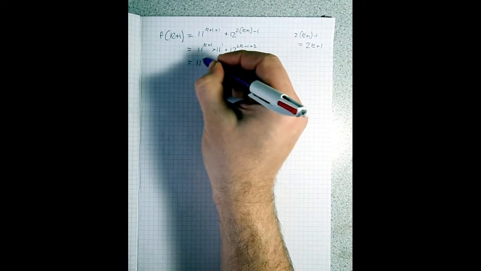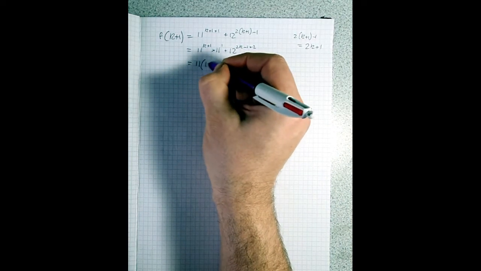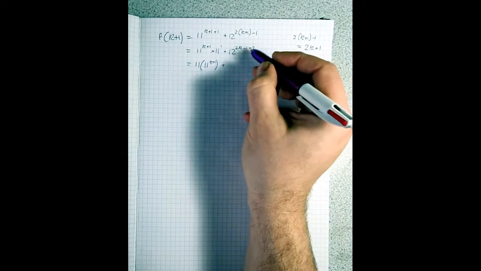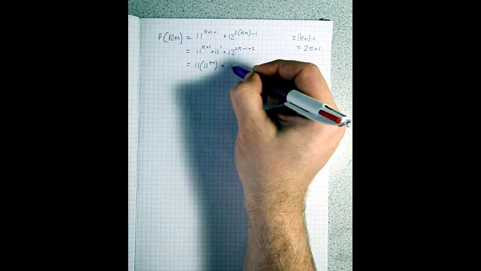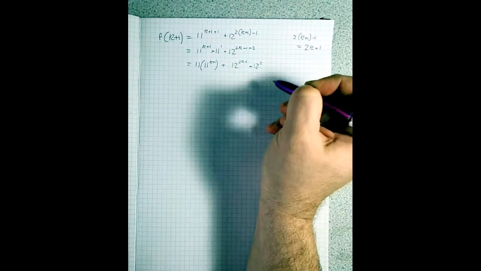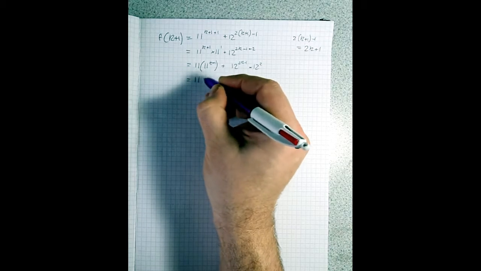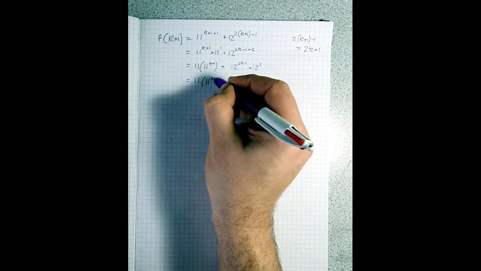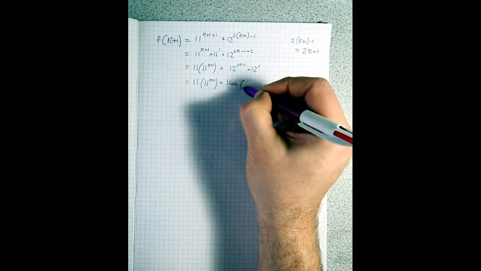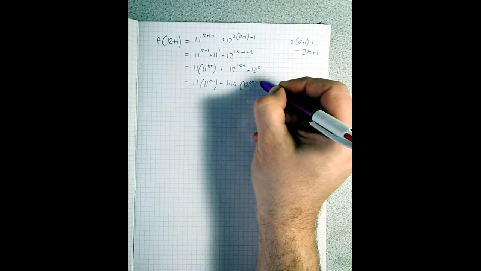So 11 times 11 to the k plus 1 plus, well, this will be 12 to the 2k minus 1 times 12 squared. So 11 to the k plus 1 plus 144 12 to the 2k minus 1.